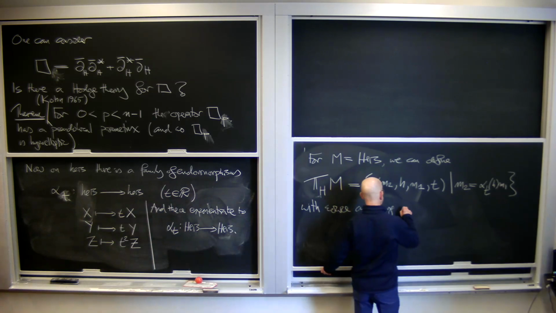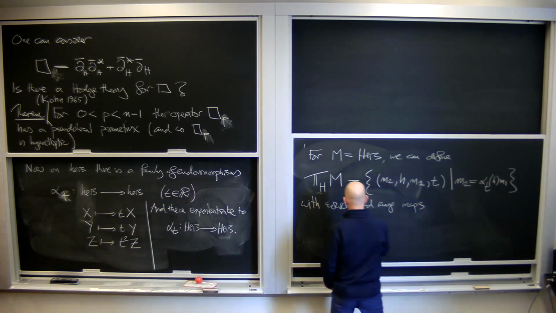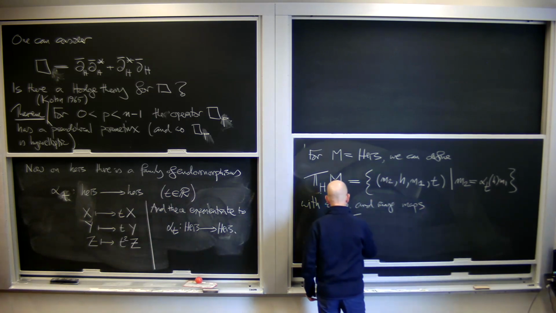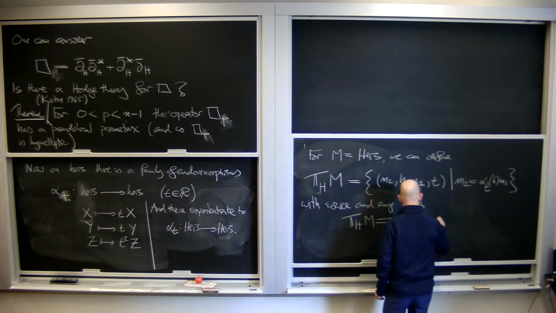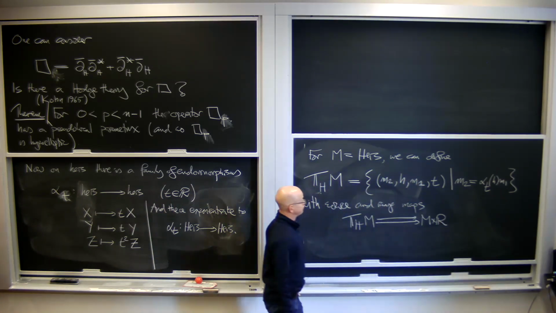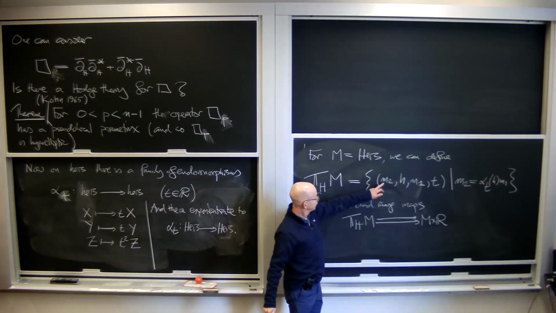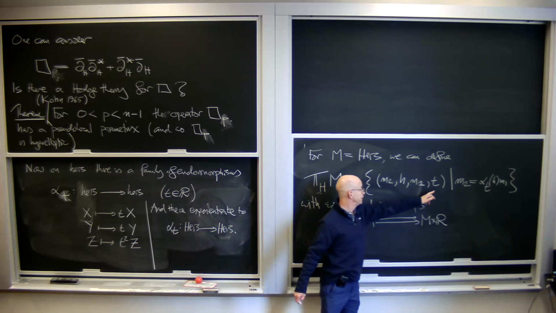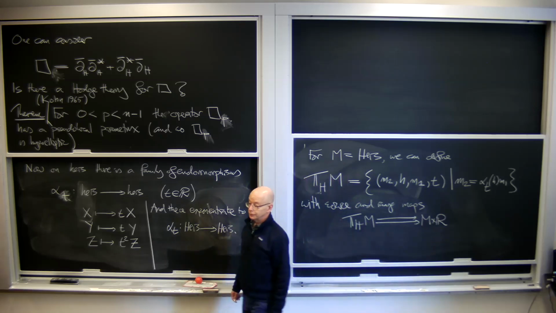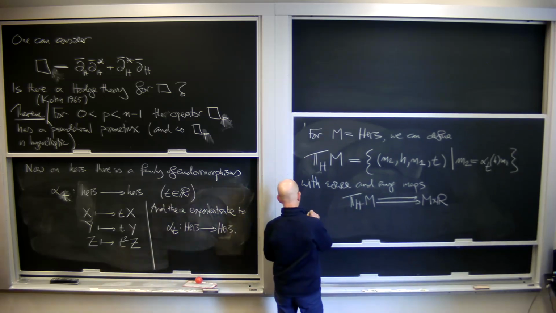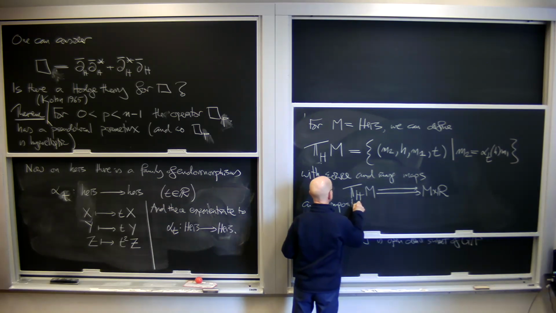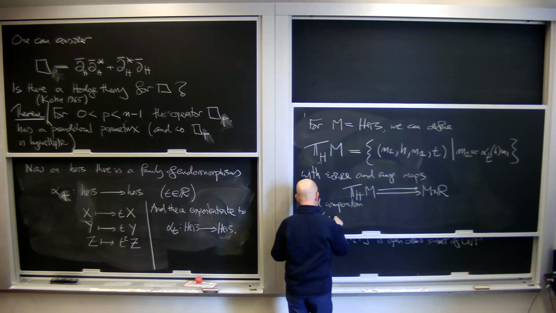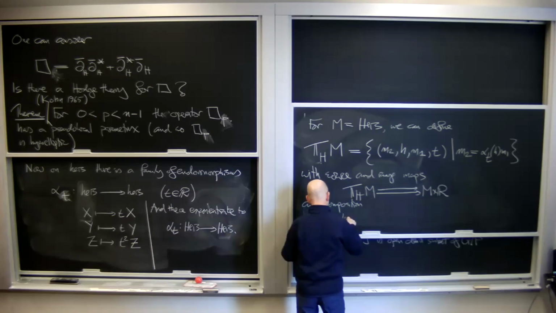And there are source and range maps, which are kind of obvious, from the H tangent groupoid of M down to M times R. One of them, the range one, sends this, what is it, a 4-tuple to M2 comma T, and the source sends it to M1 comma T. And of course, there's a composition law too, which is hopefully self-evident.